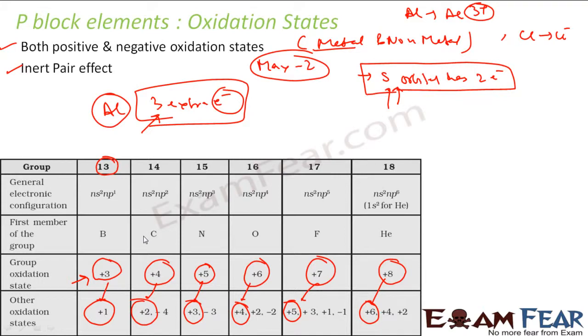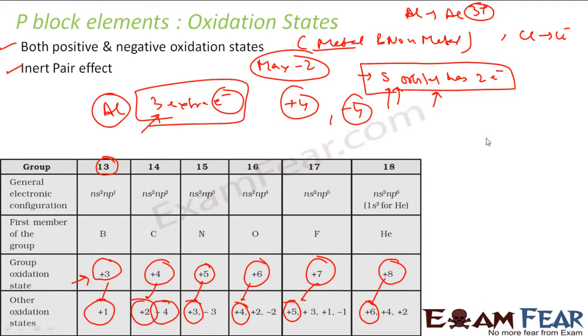Carbon has 4 extra electrons, so either it can take 4 electrons or give 4 electrons. It will have a plus 4 oxidation state if it gives 4 electrons and minus 4 if it takes 4 electrons. And plus 2, why? Because of the inert pair effect, which we'll discuss more in the next slide, where s orbitals don't take part in the reaction.